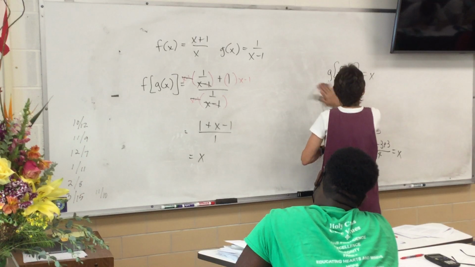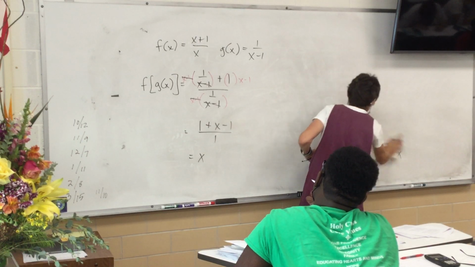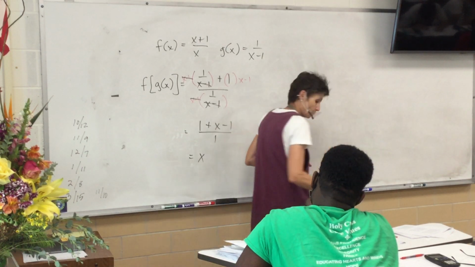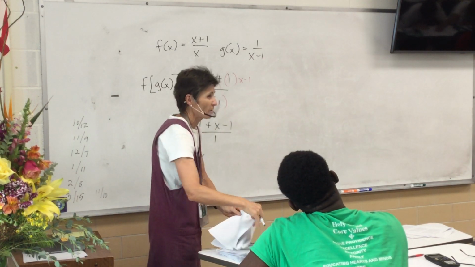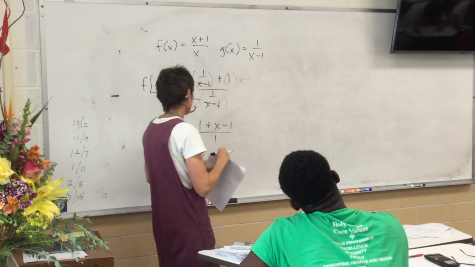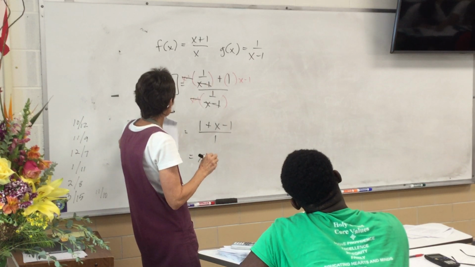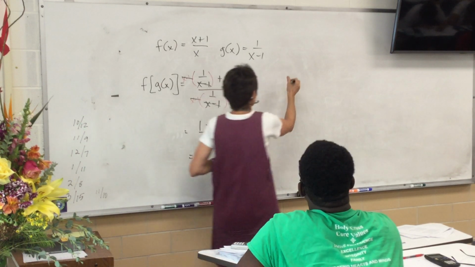You're not done though, because honestly, it's possible for it to work one direction and not the other. It's rare, but it is possible. There are things called right inverses and left inverses. So we want to make sure that it works both ways.